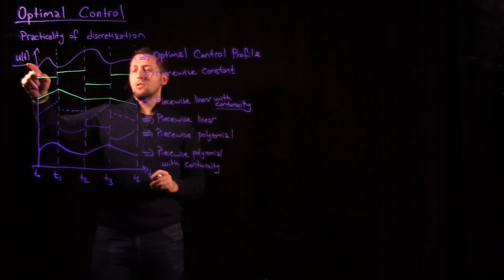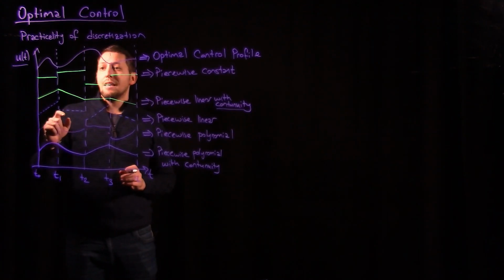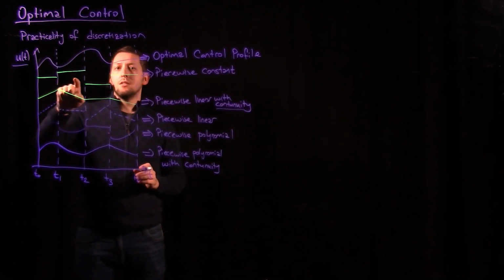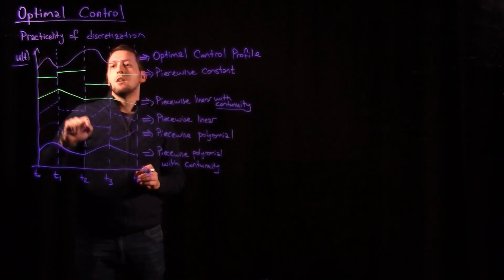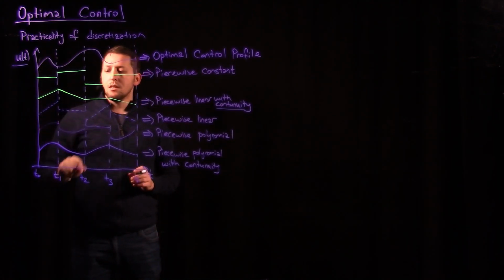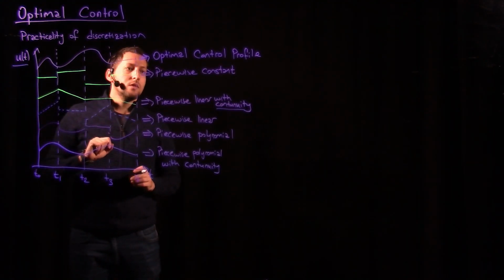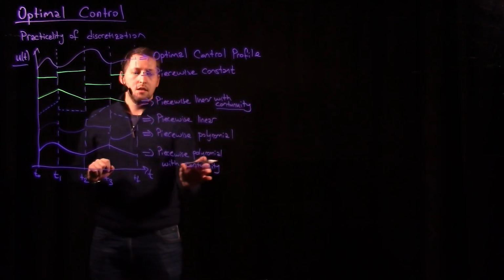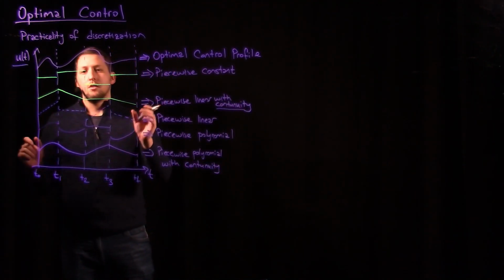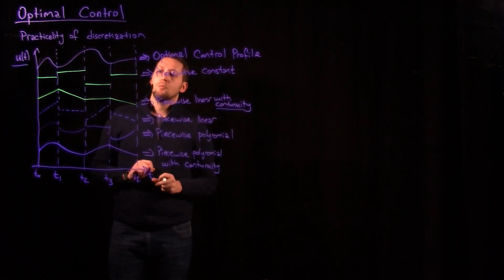For example, if your input is a continuous signal, let's say the temperature signal, then it makes no sense to choose a piecewise constant profile, because the temperature may not jump at the same time point. Then you need to select continuous profiles like piecewise linear or piecewise polynomial, or some other that fits into your scope of problem.